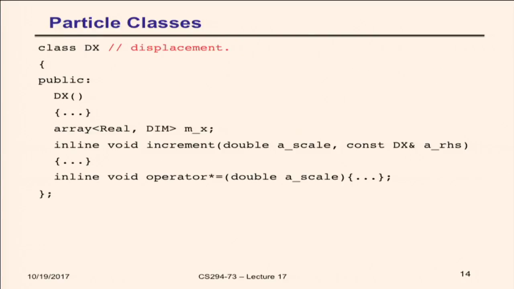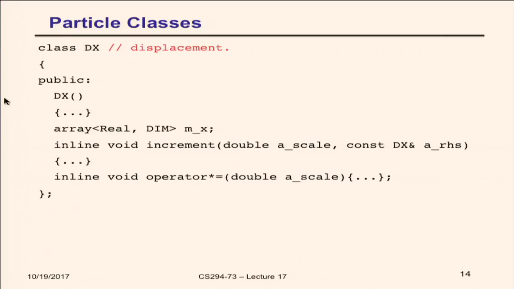So here are some particle classes. We start out with classes for a single particle. I still haven't gotten rid of all the reals. It should be array of double, dim, not real. So how do you define the increment of the location of a single particle?